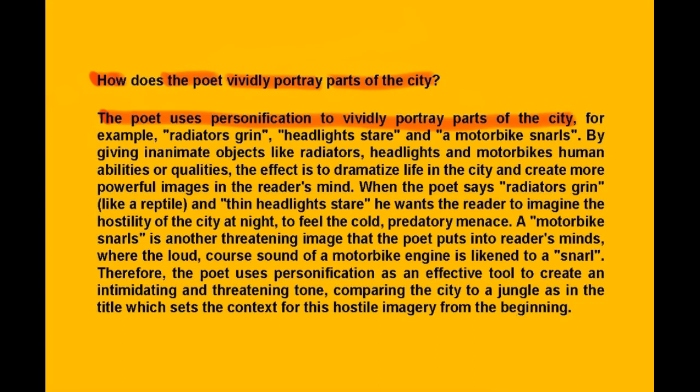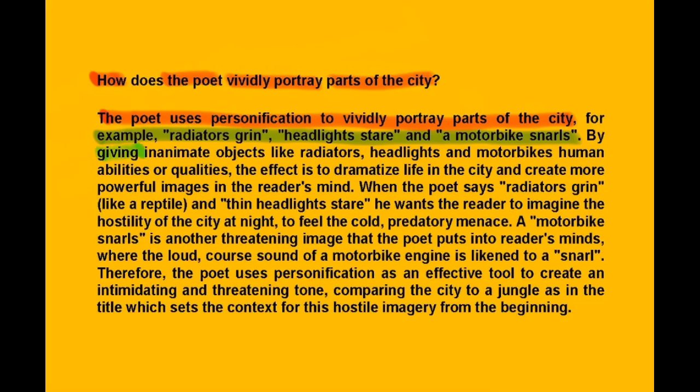Okay, and then we can give the examples. For example, radiators grin, headlights stare, and a motorbike snarls. So P for the point, E for the example. Okay, we can then think about describing the effect.